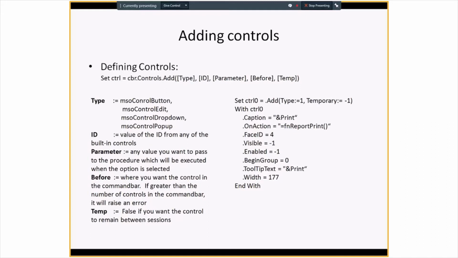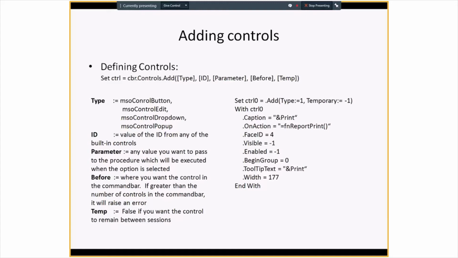The ID value is there to refer to existing built-in controls. So if you know what the ID value of an existing built-in control is, you can use it. Unfortunately, it's not easy to find that information. Actually, it's not published anywhere that I was able to find. I basically had to write some code to iterate through all of the command bars and then all of the controls within each of those command bars in order to capture that information for my purposes.